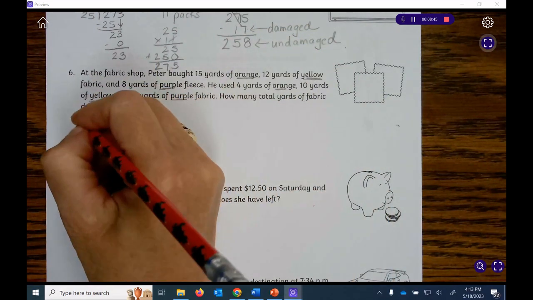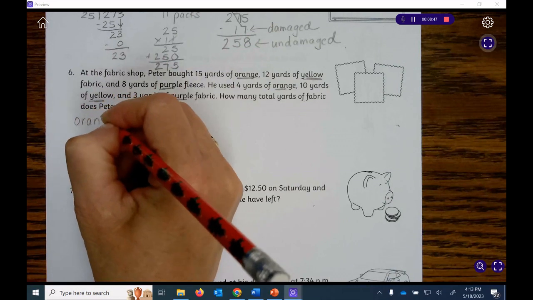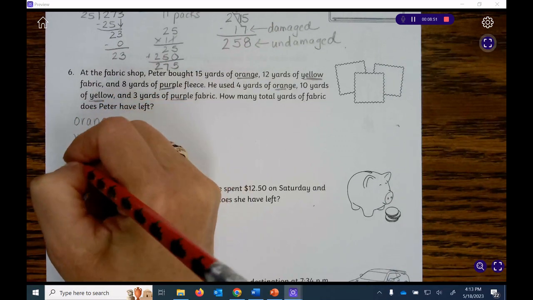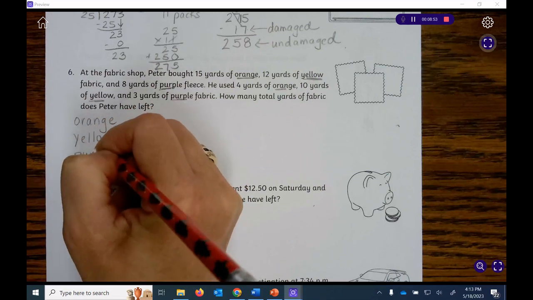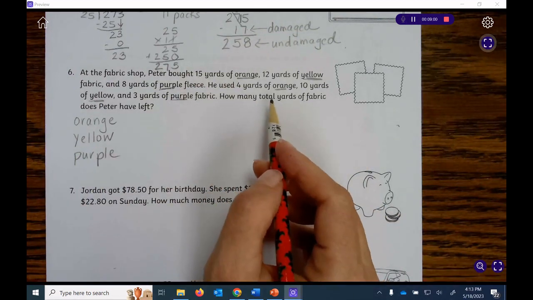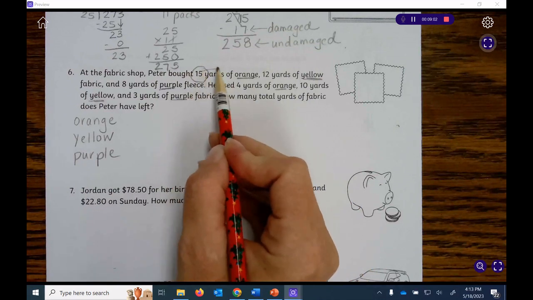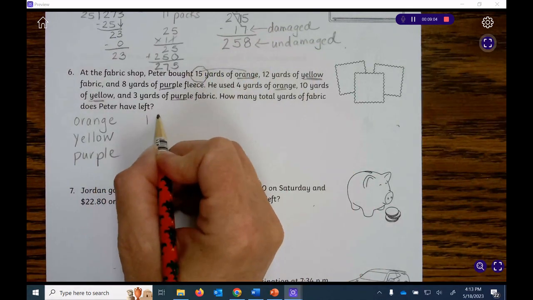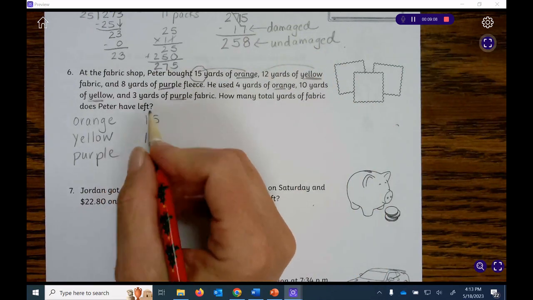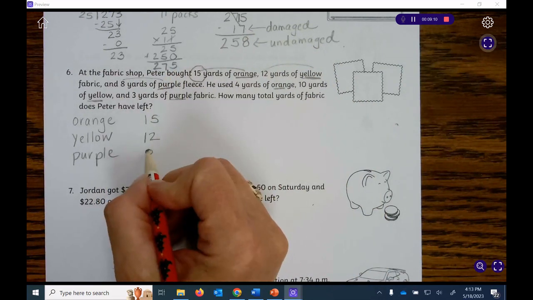So I'm going to write orange, yellow, purple. And we know that he bought 15 yards of orange, 12 yards of yellow, 8 yards of purple.